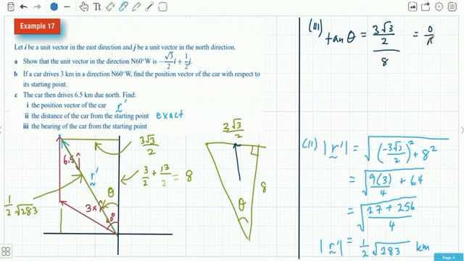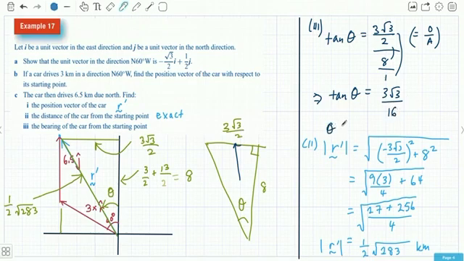So that's opposite over the adjacent. And it's an ugly looking thing. It's a fraction on a fraction. Tan theta equals these two together, so it'll be 16 on the bottom, the 1 up the top. So 3 root 3 on 16. And so to find theta, we can just do an inverse tan of 3 root 3 over 16. Now we can use the calculator for that because that's non-standard.